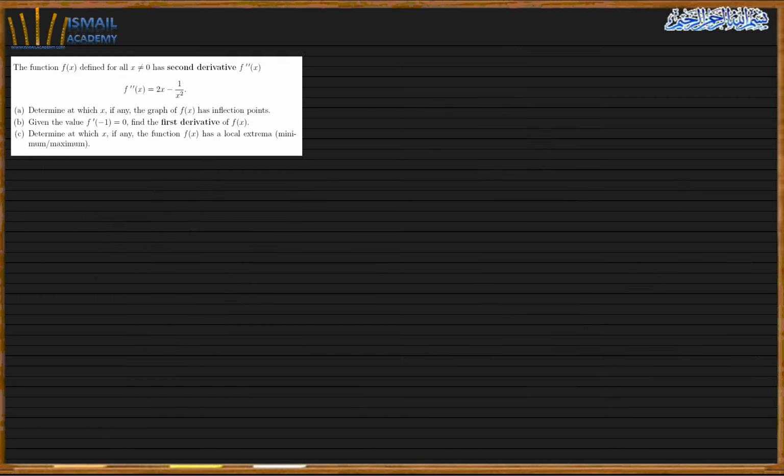Alright, so next question. The function f of x defined at all x not equal to 0 has a second derivative f double prime equal to 2x minus 1 over x squared. First question: determine at which x, if any, f of x has an inflection point. So I need to find where the second derivative equals 0.